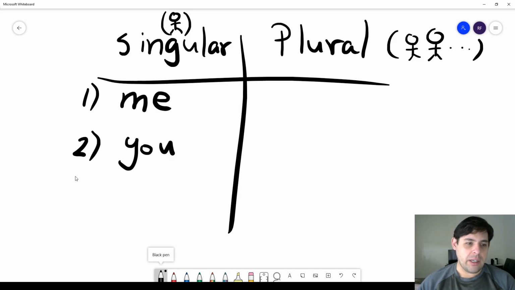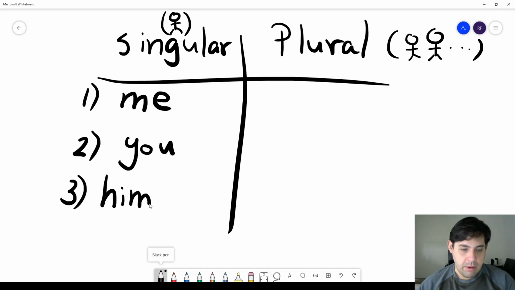But third person, so if we remember our subject pronouns, we say, okay, he, she, it. Well, object pronouns, okay, we're going to use him for boys, her for girls, and it for things, okay?